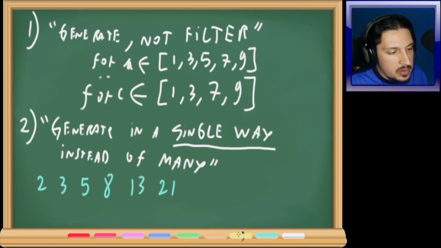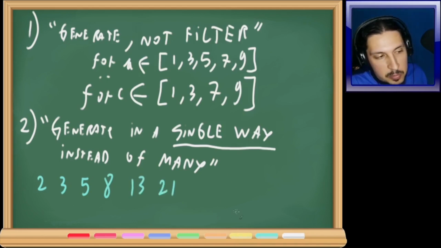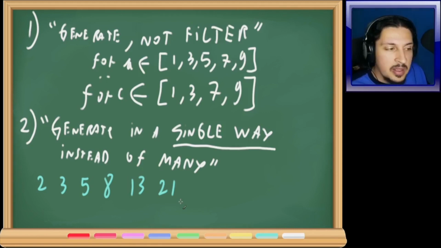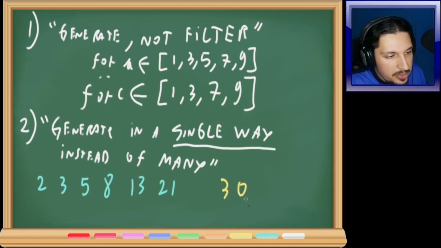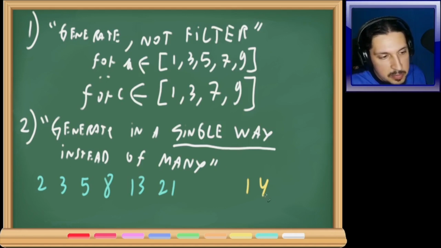And the question was, given a very large number, maybe like 10 to the power of 15 or something like that, I don't remember, but a large number, so we can't test in a very naive way, check if a certain number can be written as a product of Fibonacci numbers. So for example, 30 is possible because you can write 2 times 3 times 5, which are all Fibonacci numbers. But for example, 14 is impossible because there's no way that multiplying Fibonacci numbers creates the number 14.